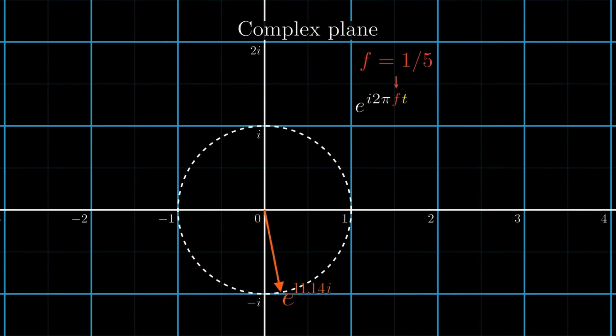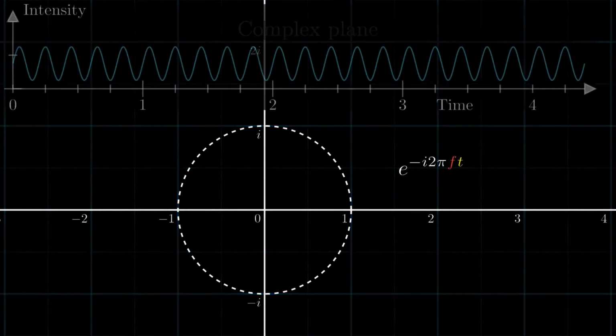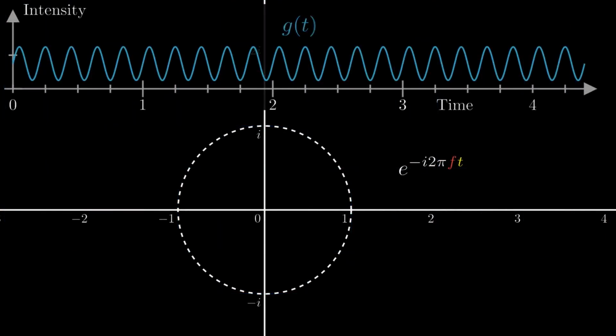If we now think in terms of the Fourier convention, we would rather rotate in a clockwise direction, and therefore we multiply the exponent by a -1. However, what we like to see is how our graph gets wrapped around the circle. So let's take our cosine wave from before and call it g of t.